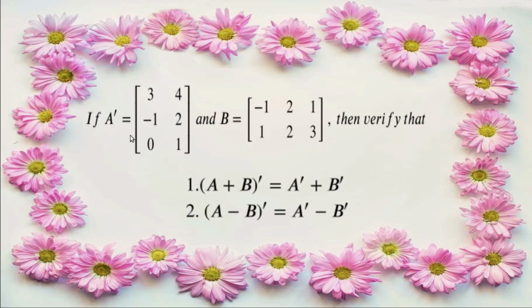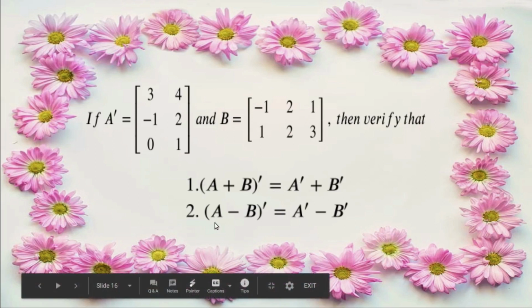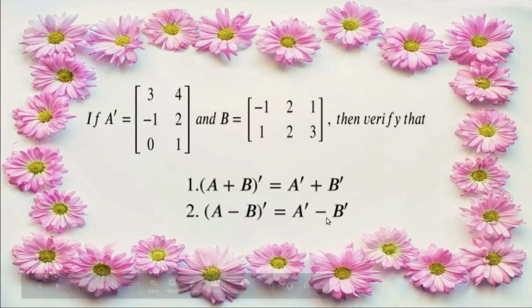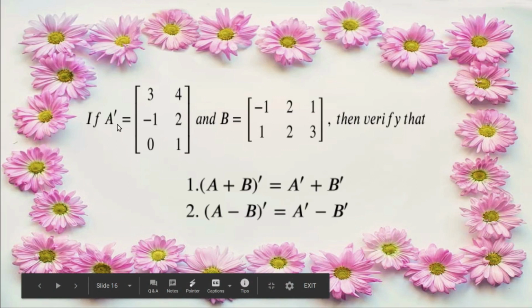If A transpose equal to matrix 3, 4, minus 1, 2, 0, 1 and B equal to matrix minus 1, 2, 1, 1, 2, 3, then verify that first one, A plus B transpose equal to A transpose plus B transpose. Second one, A minus B transpose equal to A transpose minus B transpose. Here A transpose is given.